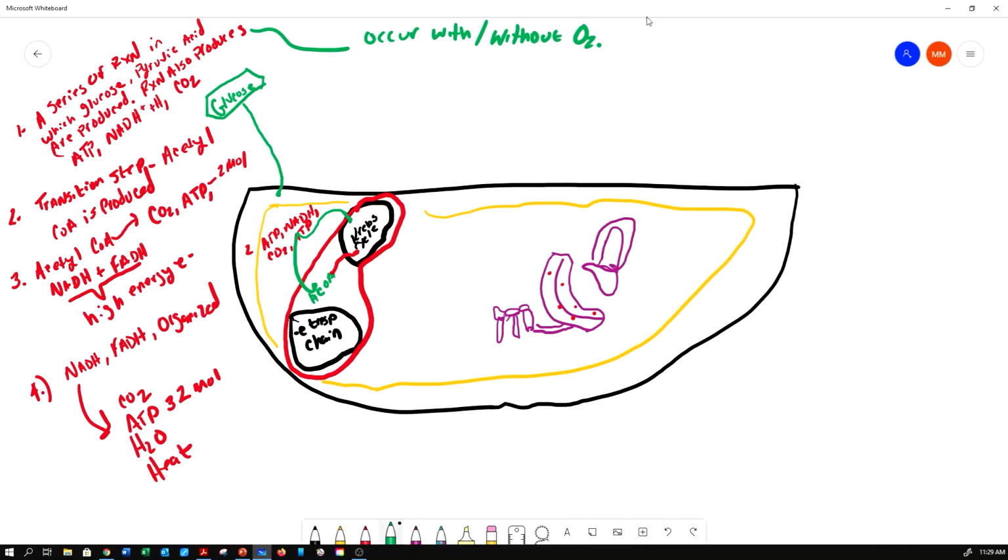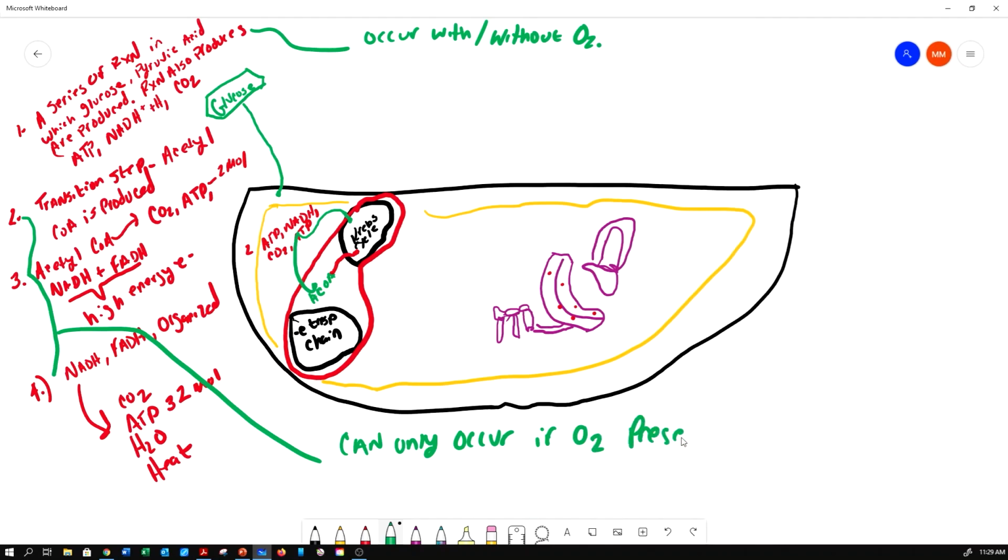Number 1's going to happen. All right, but steps 2, step 3, and step 4 can only occur if O2 is present. That's the way it works.